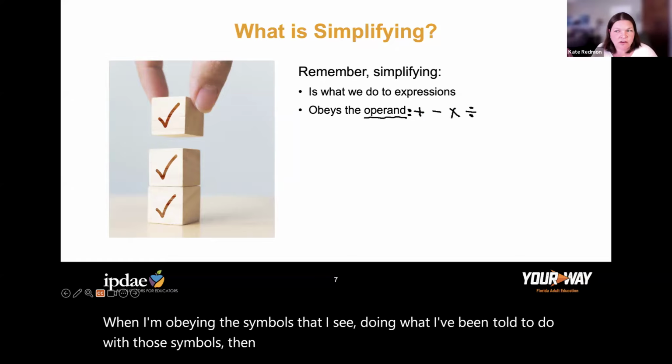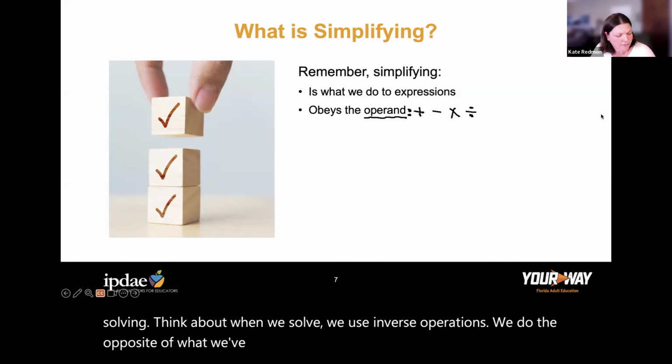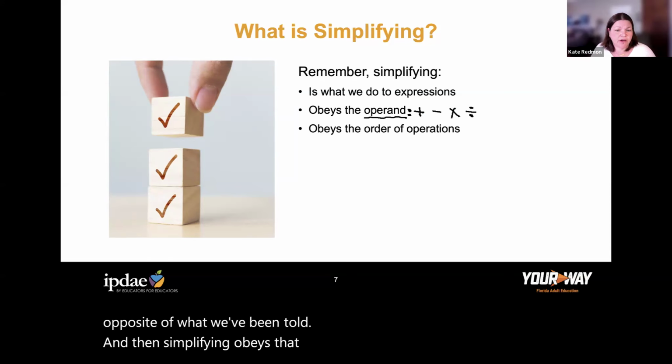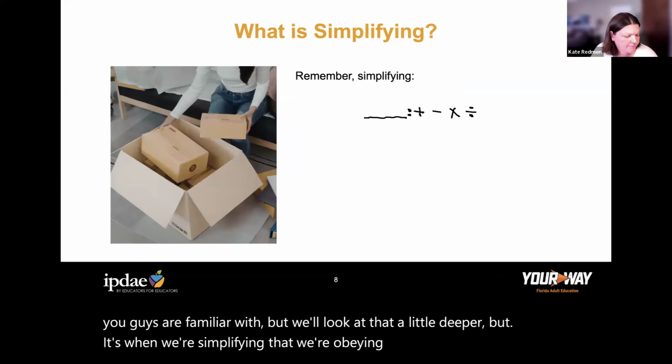That would be the opposite of solving. Think about when we solve, we use inverse operations. We do the opposite of what we've been told. And then simplifying obeys that order of operations, which I'm sure you are familiar with, but we'll look at that a little deeper. It's when we're simplifying that we're obeying that order of operations. Okay.